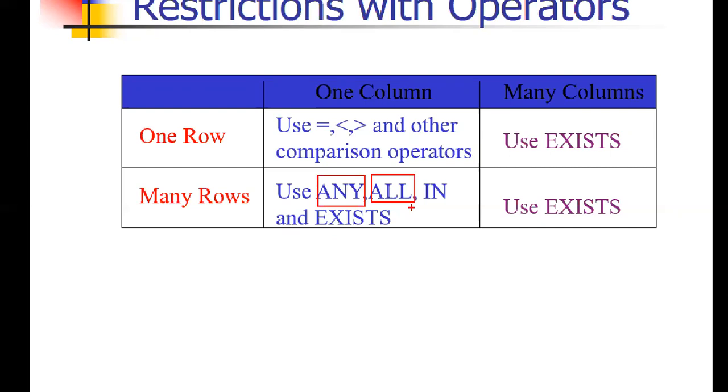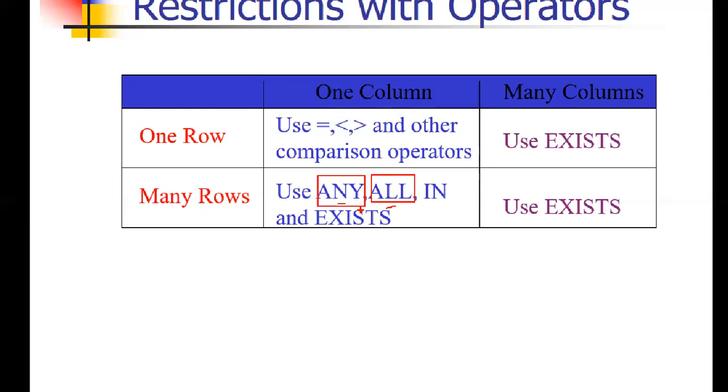Fine. Now we also have these operators called ANY and ALL. We'll see how we use them. When you're using ANY and ALL, they always have to be prefixed with a relational operator before them. And they can be used only when you're comparing numeric values or date values.